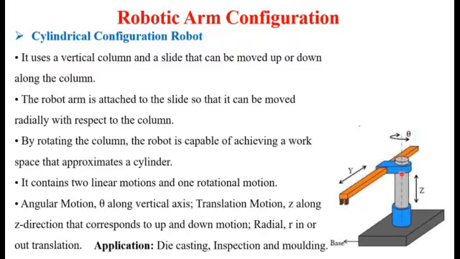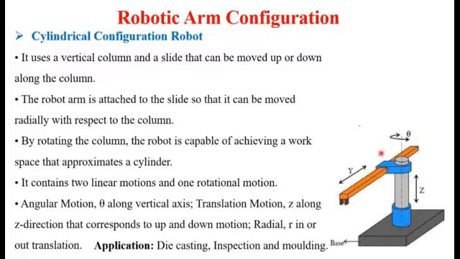It can also turn about this vertical column in the degree of freedom theta. The robot arm is attached to the slide so that it can be moved radially with respect to the column. Then by rotating the column, the robot is capable of achieving a work space that approximates a cylinder.